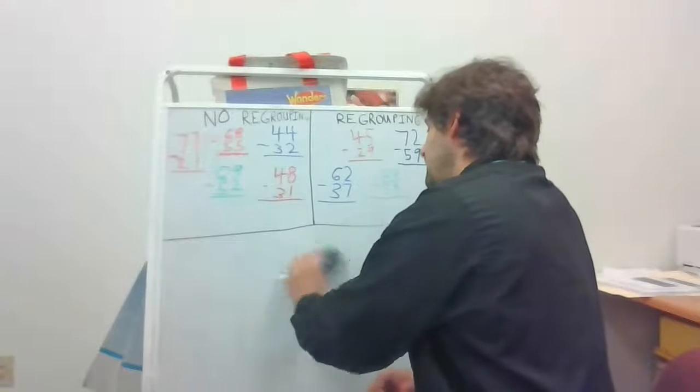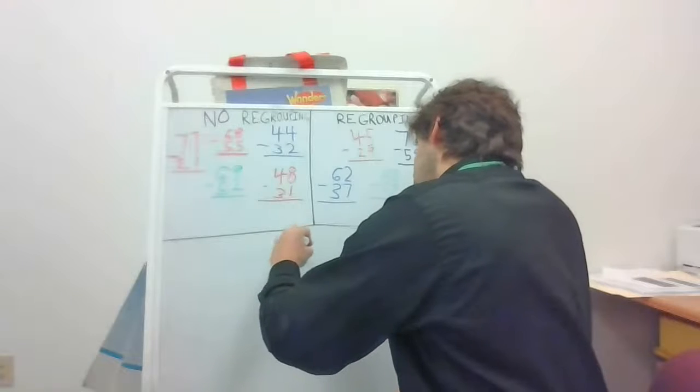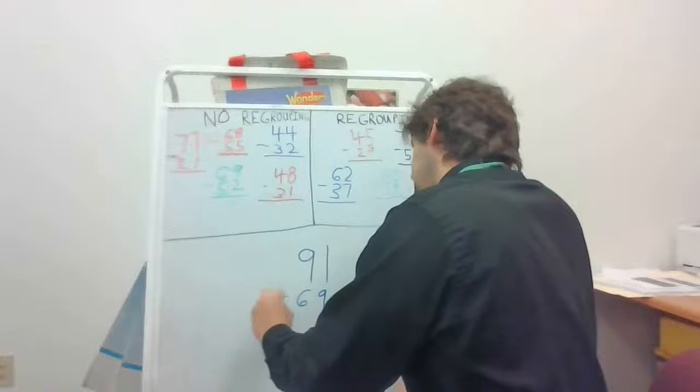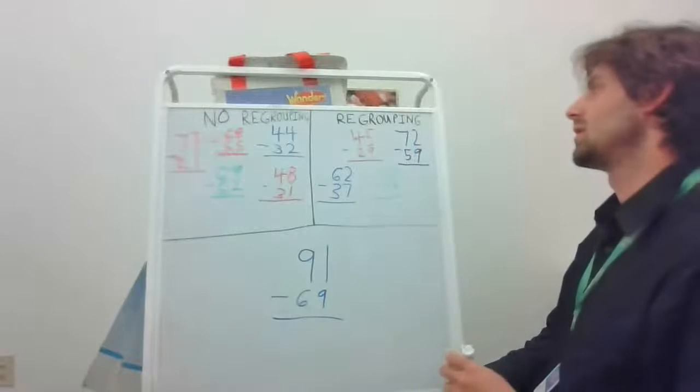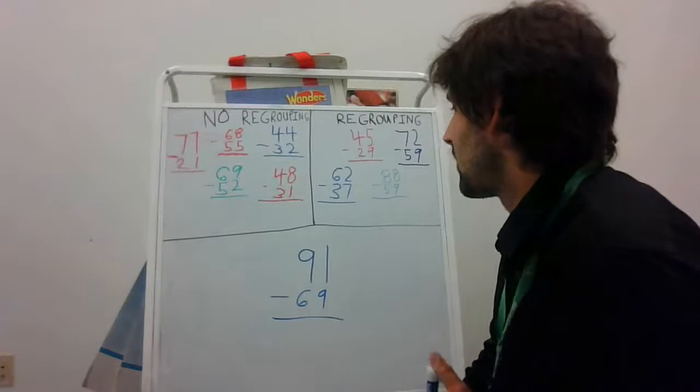All right, last problem of the day before I finish out with some basketball. 91 minus 69. So again, I'm not solving these problems, I'm classifying these problems. Either going in the regrouping category or the non-regrouping category.